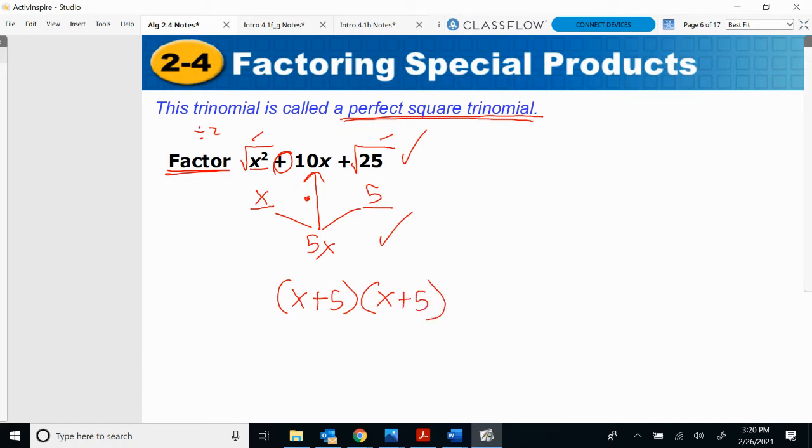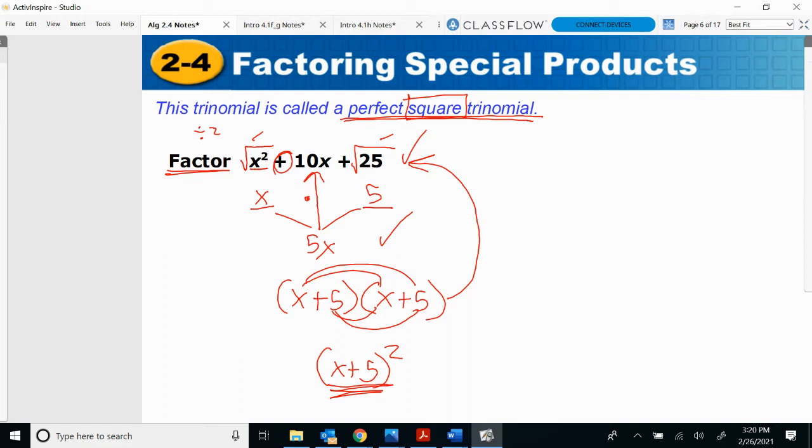All right, those two binomials were FOILed together to make that answer right there. Another way we could write them is x plus 5 to the power of 2, or x plus 5 squared. All right, and that's where we get that term perfect square trinomial, because it comes from two of the exact same binomials getting multiplied together.